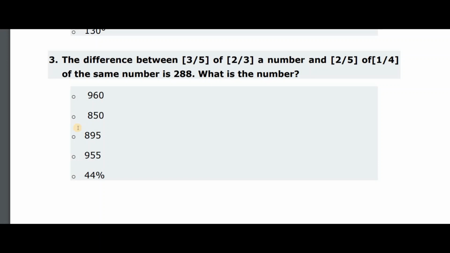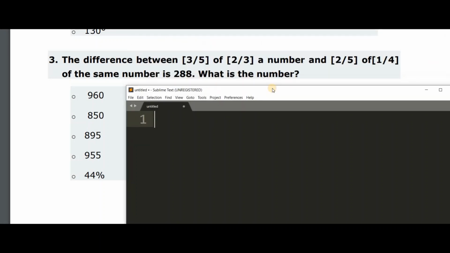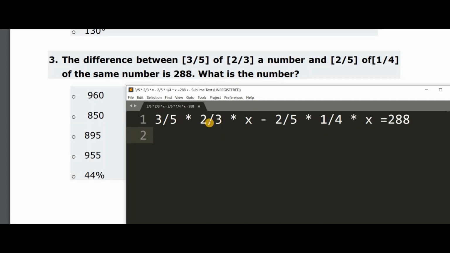The difference between 3 by 5 of 2 by 3 of a number and 2 by 5 of 1 by 4 of the same number is 288. So what is that number? Let's take the number as x. So 3 by 5 into 2 by 3 into x minus 2 by 5 into 1 by 4 into x equals 288.